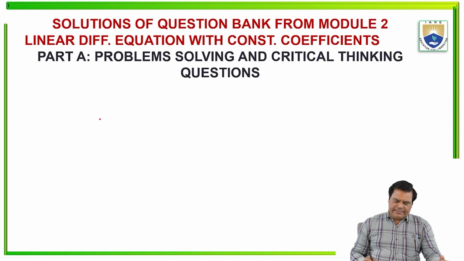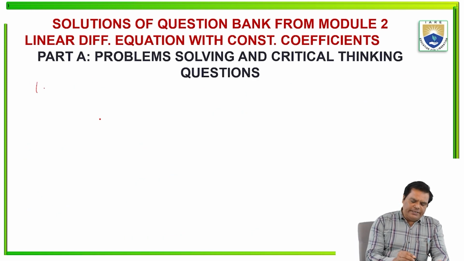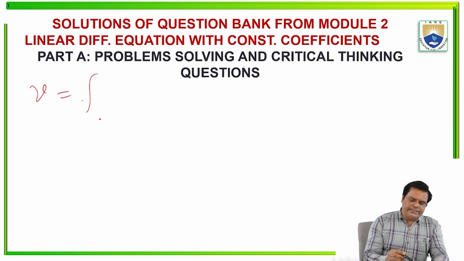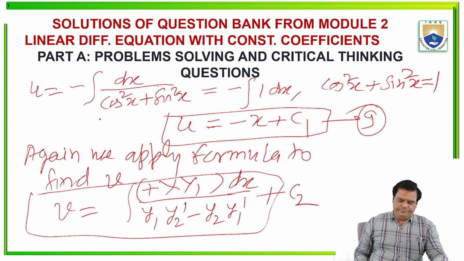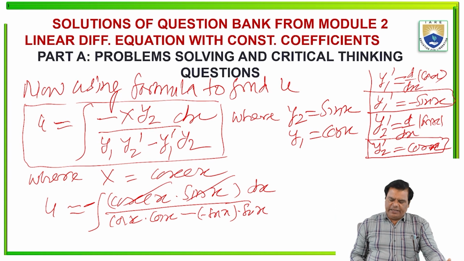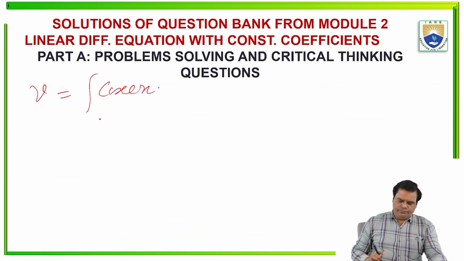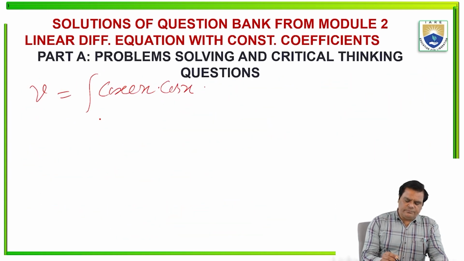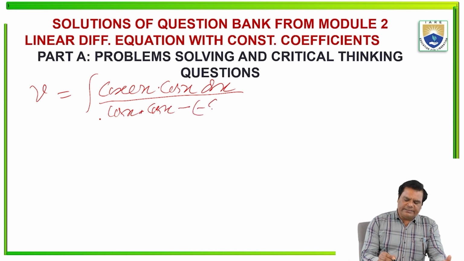So now, putting all values here, v is equal to integration of x is cosec x, and y1 is cos x. Cos x dx upon, in the denominator, cos x into cos x minus sin x into sin x.